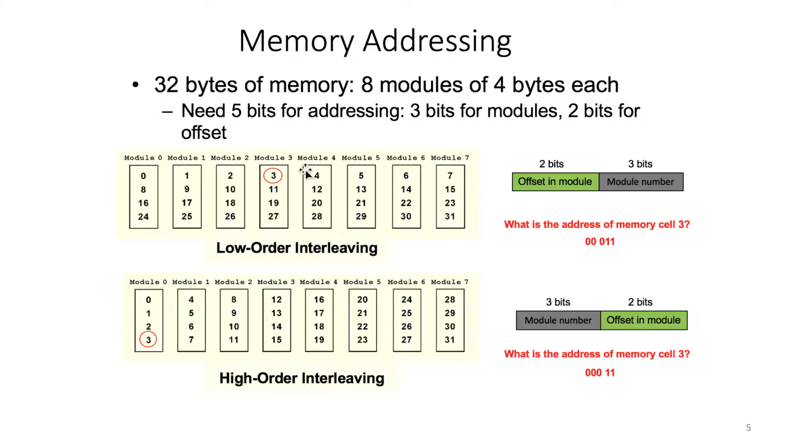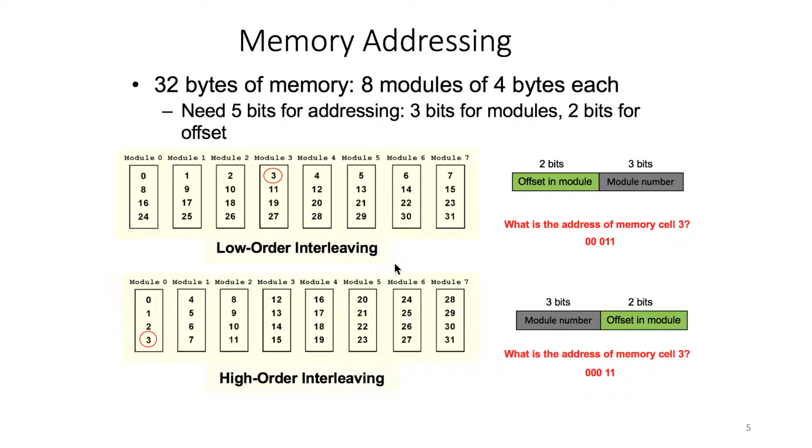And the offset 0 is represented by the 2 bits right here. That's going to be 0 0. So the location of address 3 in the memory is represented by 0 0 0 1 1. So that's the low order interleaving.